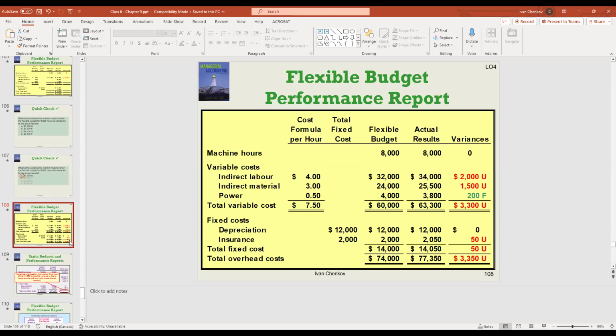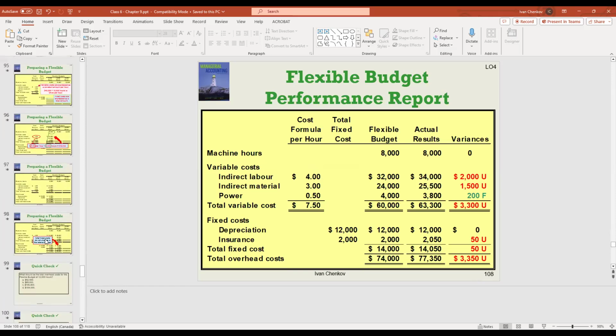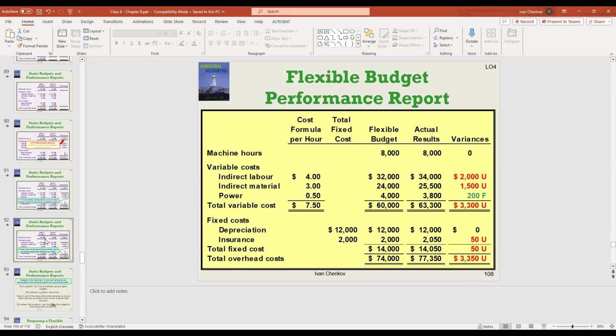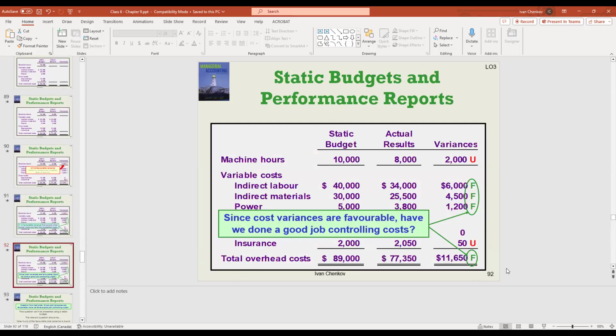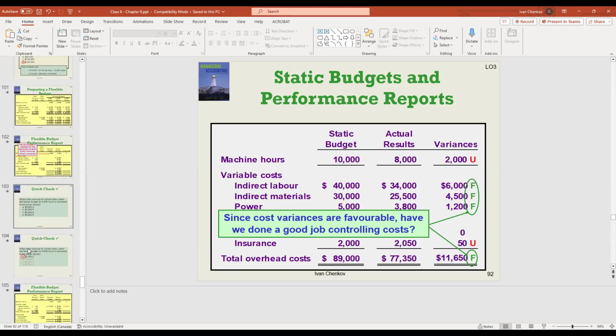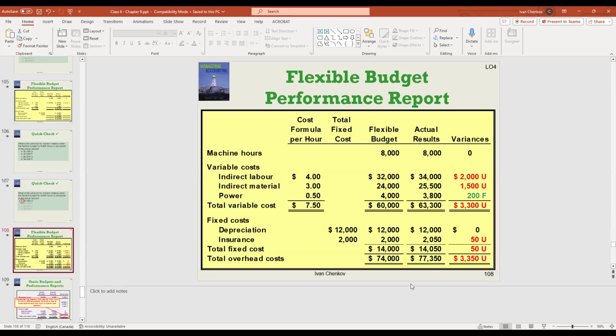So let's compare again, based on the static budget what we get and based on the actual results. If we compare the static budget to the actual results, we find out that we're saving 11,650. But when we convert the static budget to the level of the actual results, now we actually figure out that we are losing $3,350.